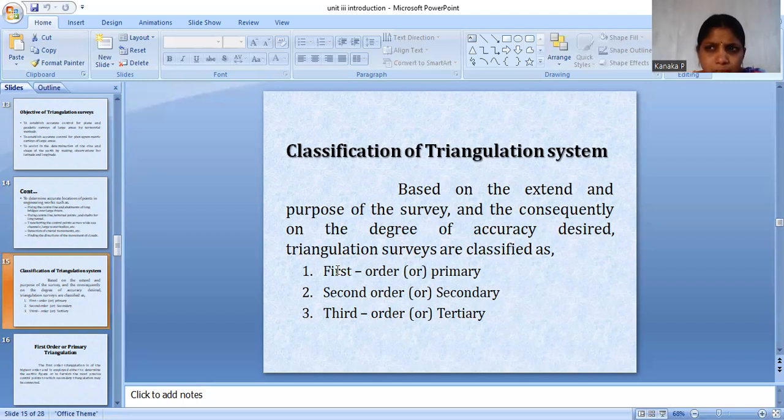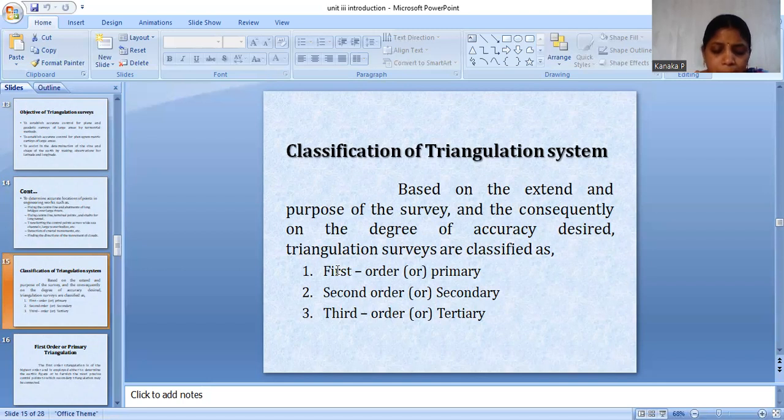So first, the specification of the average triangle closure for primary triangulation: the average triangle closure is less than 1 second. The maximum triangle closure is not more than 3 seconds. The length of the baseline is 5 to 15 kilometers, and the actual error of base is 1 in 3 lakhs. Next, the discrepancy between different measures of the section is 10 mm to 1 meter.